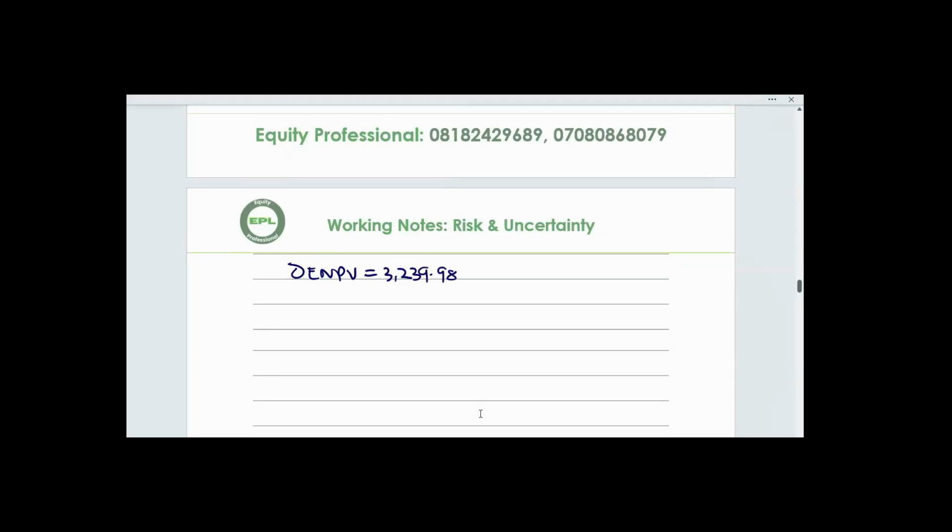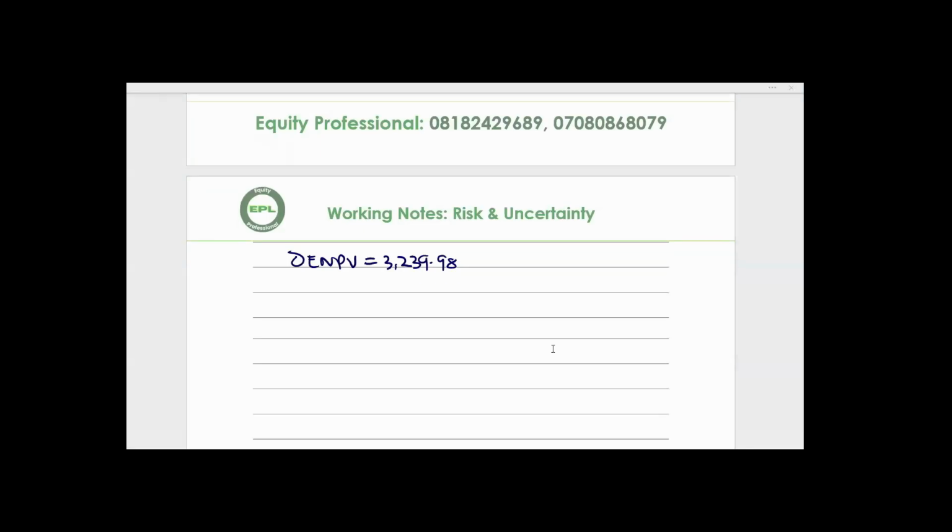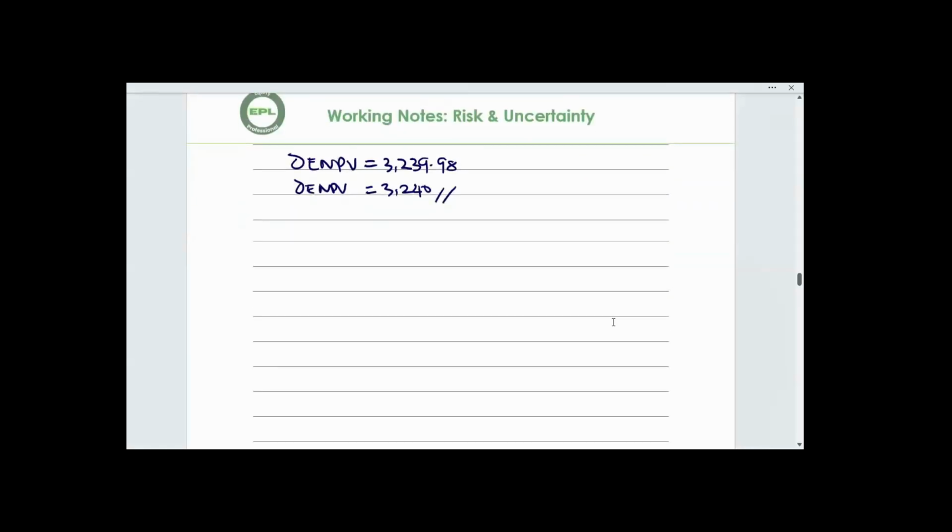So you round your number, and that will give you 3240. So standard deviation of NPV is equal to 3240. That's it.